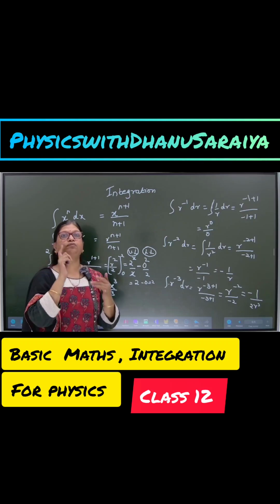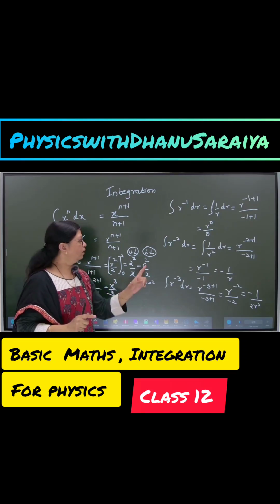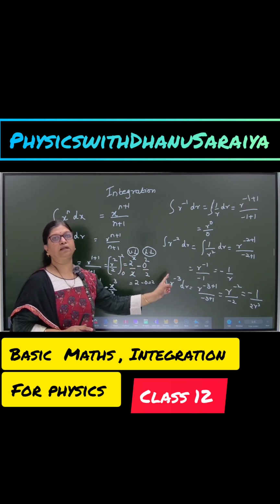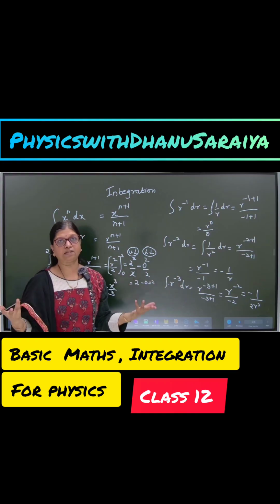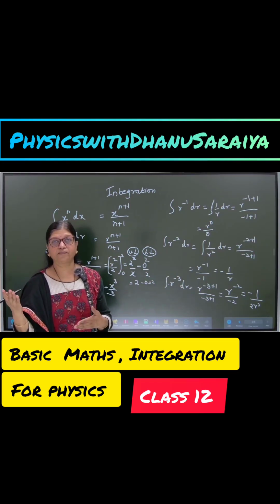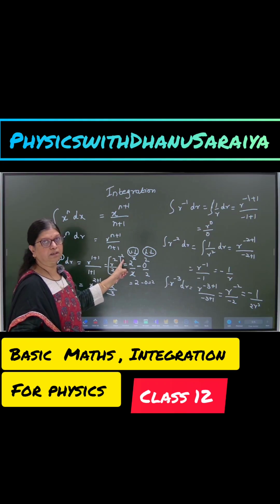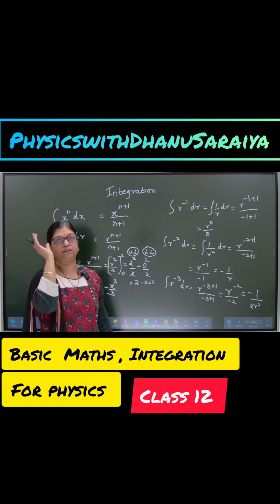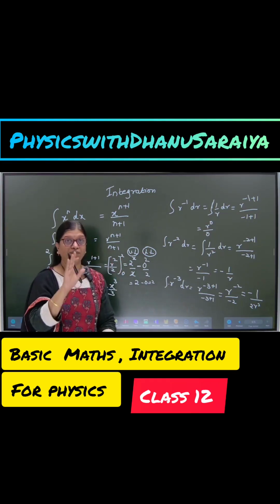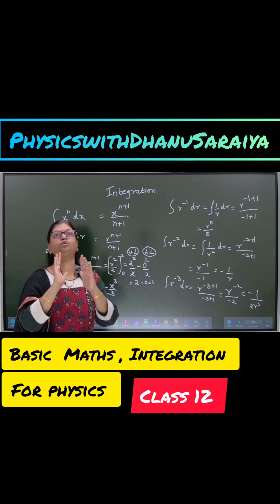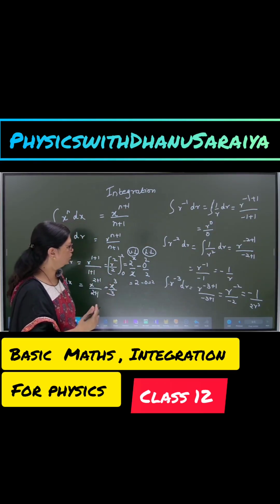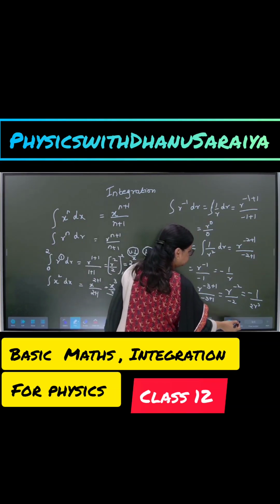Then if a limit has to be applied, upper limit minus lower limit. What is the meaning of applying the limit? Just substitute the number in the variable place and solve. We will use it just now so that you will also be very clear with what I am trying to do.